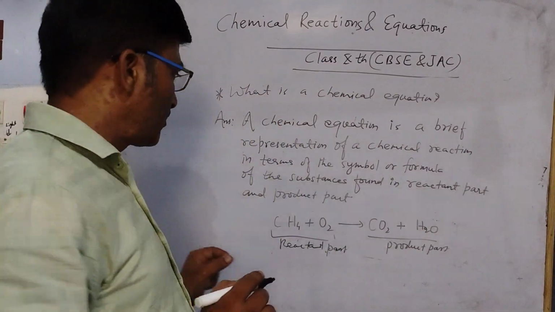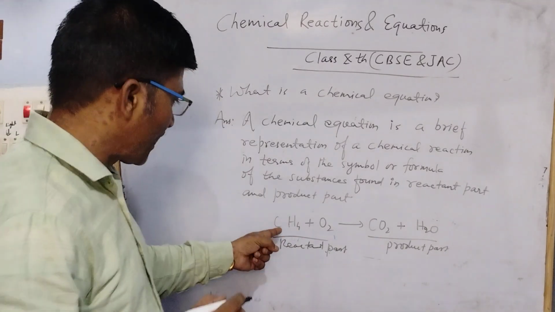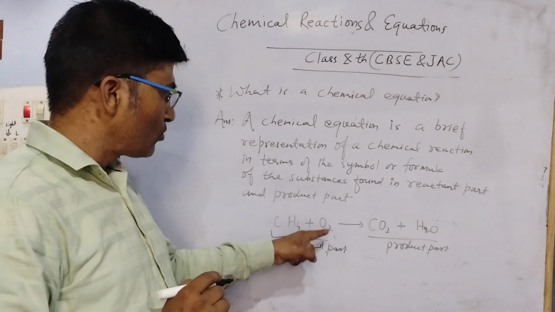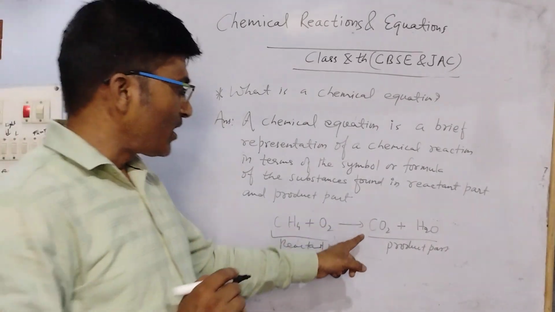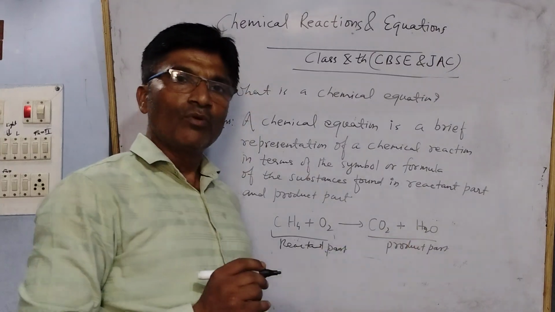In both parts we are seeing only the simple formula. Here the formula of methane gas is CH4, oxygen gas O2. In the product part, carbon dioxide CO2 gas plus H2O.